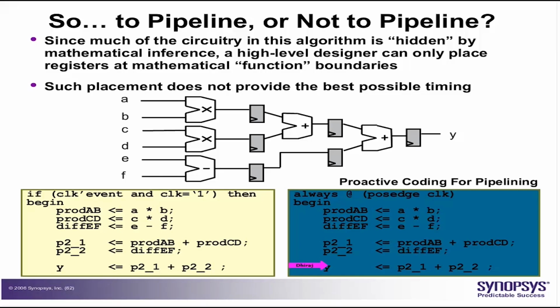These multiplication operations are bigger in area and they are slower compared to this adder. So the critical path will be from A to this block, B to this block, C to this block, D to this block. So these are the pass-through multipliers. These paths are critical paths as compared to this, right?